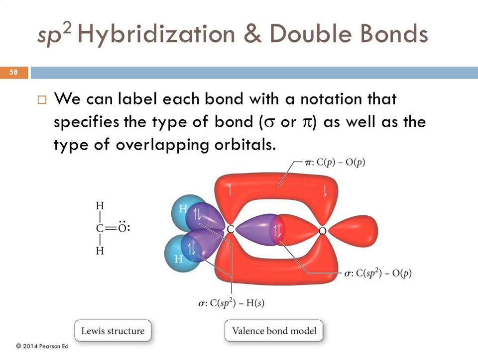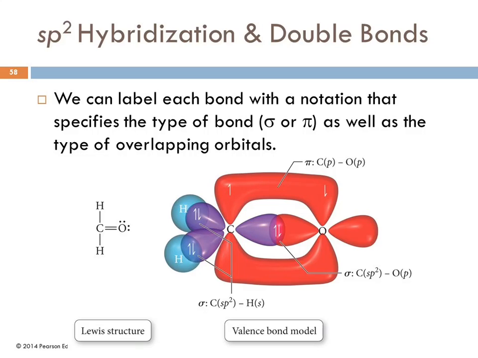So, of course, we have to have some notation, some shorthand to talk about what these guys are. So this is that same molecule that we were looking at earlier. And we can describe each of these bonds. What kind of a bond is this, pi or sigma? Sigma, because it's the end of this hybrid orbital that's overlapping with the s orbital of hydrogen. The s orbital can't really do a side-to-side.